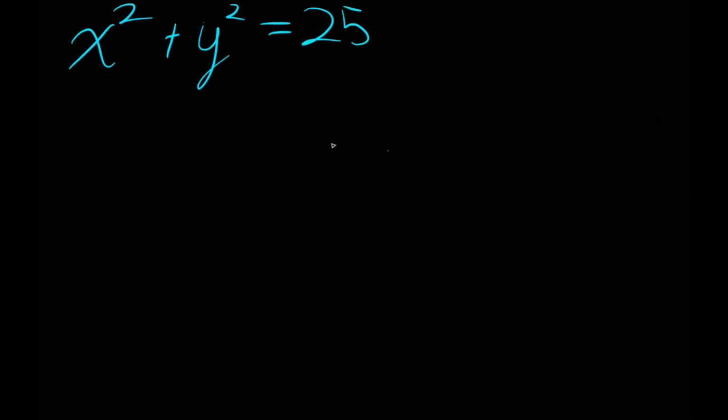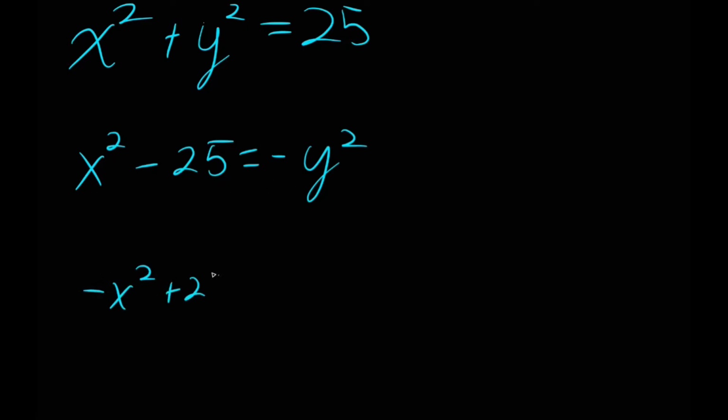Let's take this, and we have our x squared plus y squared equals 25. Well, let's go ahead and start with moving the y squared over, and we get x squared minus, let's flip to 25 as well, minus 25 equals negative y squared, okay? Flip the negative sign so we get a positive y squared, so we have negative x squared plus 25 equals y squared.